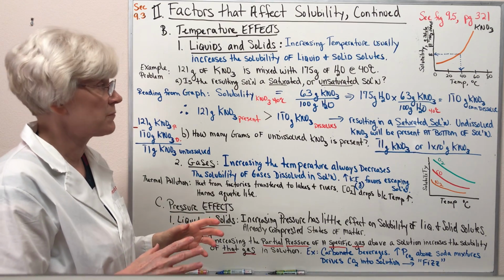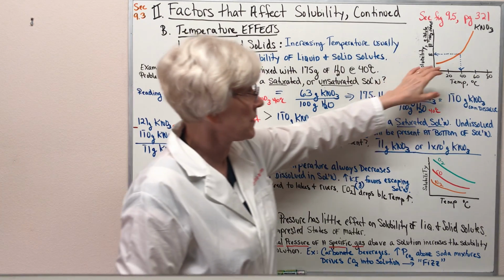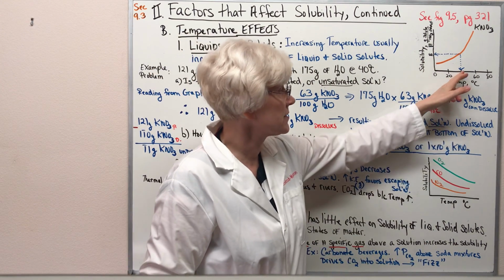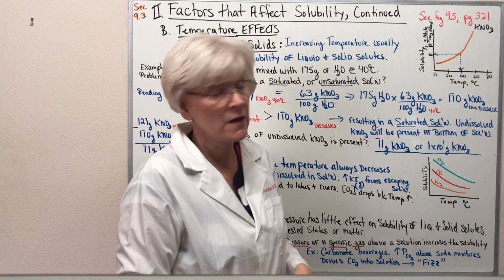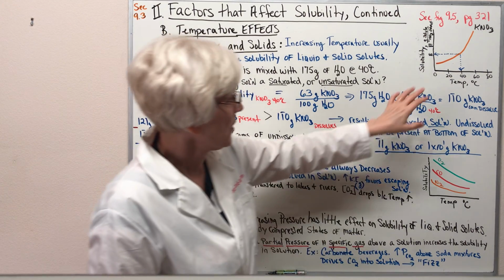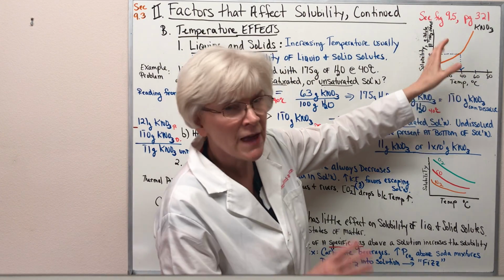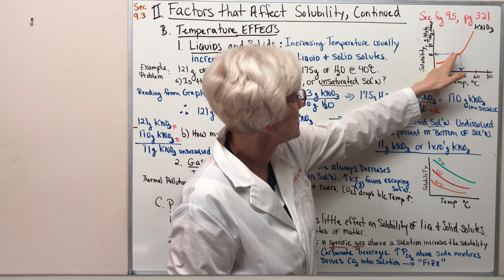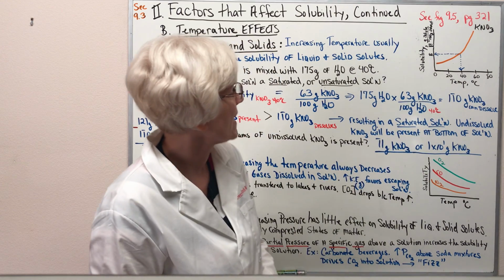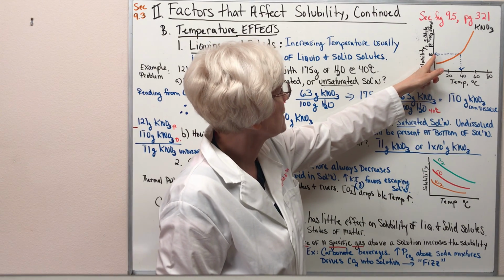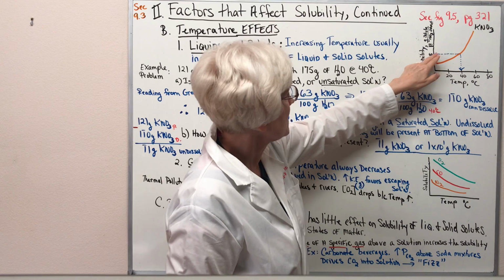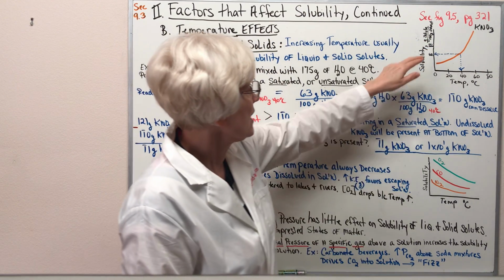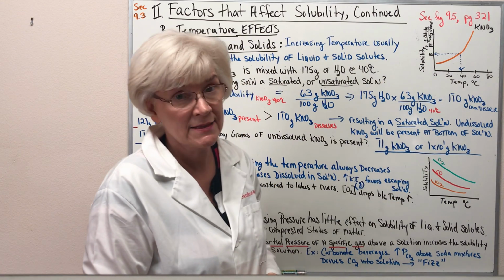How would we solve that problem? Well, first we are going to need to read the solubility of potassium nitrate at 40 degrees Celsius from its solubility curve. So, drawing the curve as best I could, temperature at 40 degrees Celsius, coming over to the y-axis, I see that the point is a little bit above the 60 line, in between the 60 and 80 line.